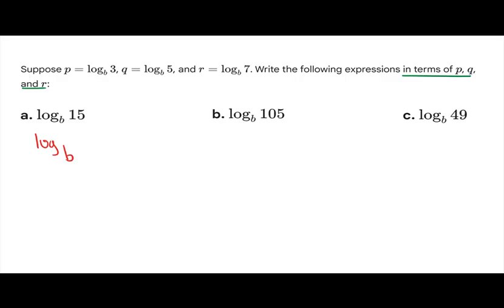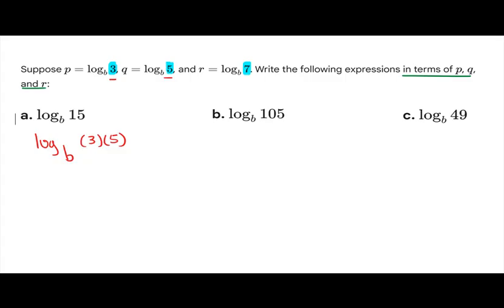So here's the key. You have to see which values they're giving you, right? We're working with 3, 5, and 7. So you want to use these values to try and get this number. I know that 3 times 5 gives me 15, and I notice I have a 3 and a 5 here, so that's perfect.